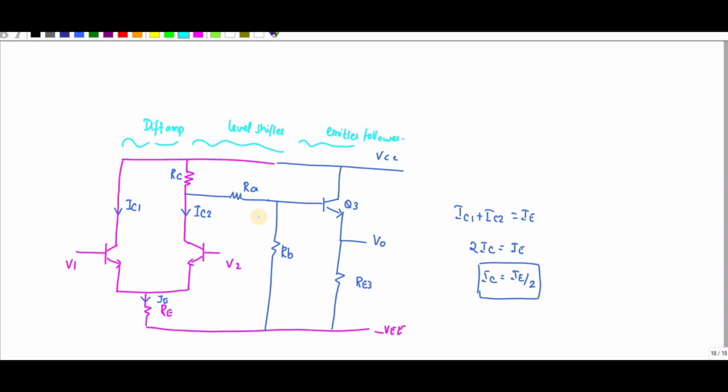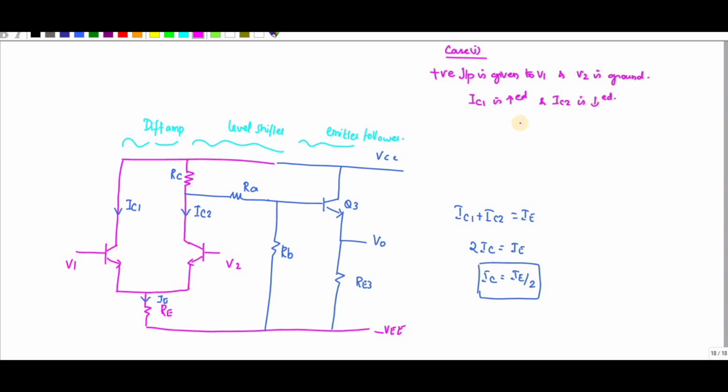Suppose positive input is given to V1. This is case 1: positive input is given to V1 and V2 is grounded. Therefore IC1 is increased and IC2 is decreased.